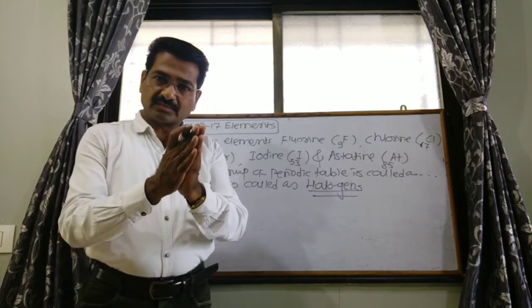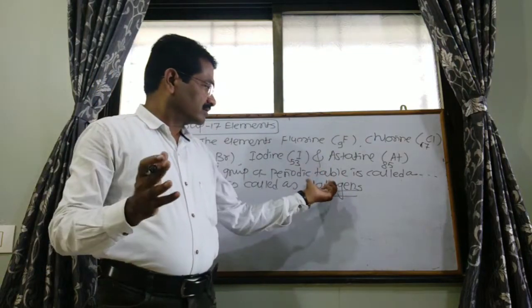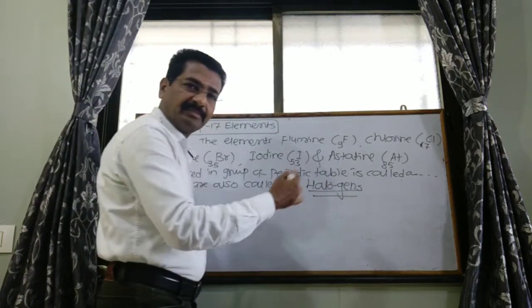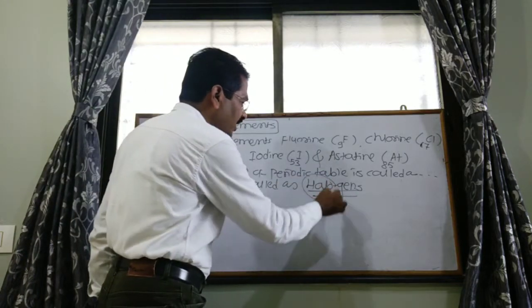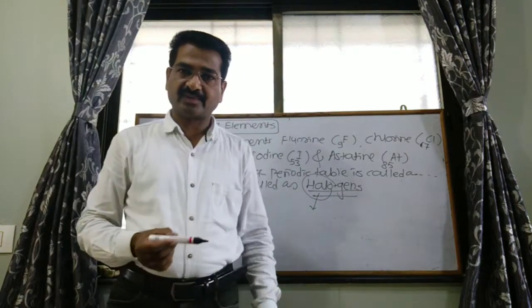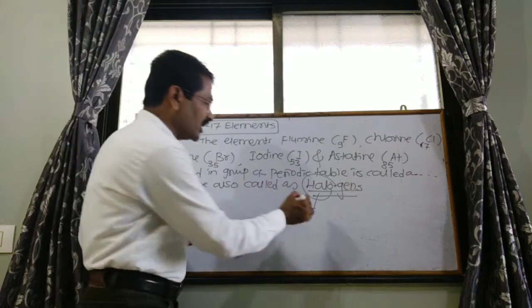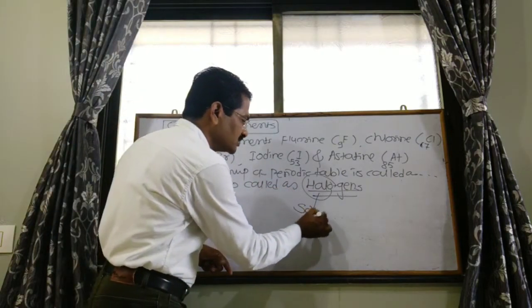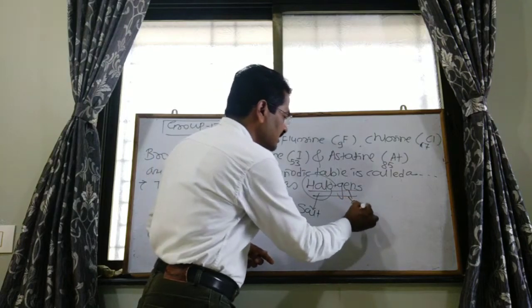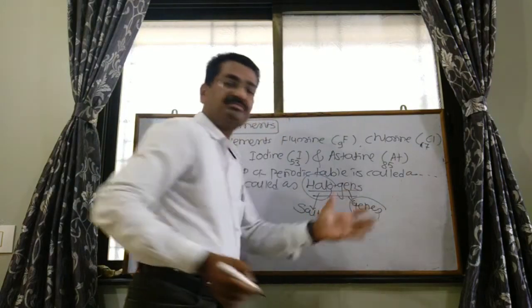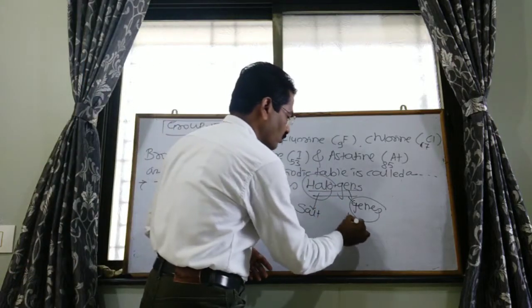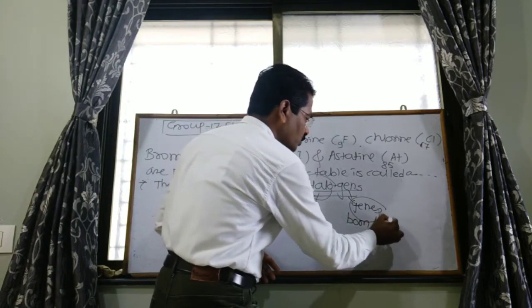How to break up the word halogens? When this word halogen is broken up, halo means salt, and gens means producing or born, producers.